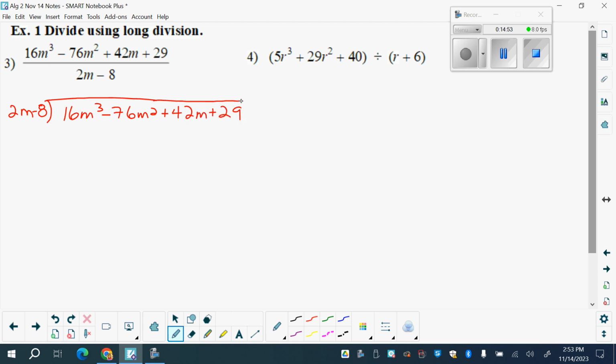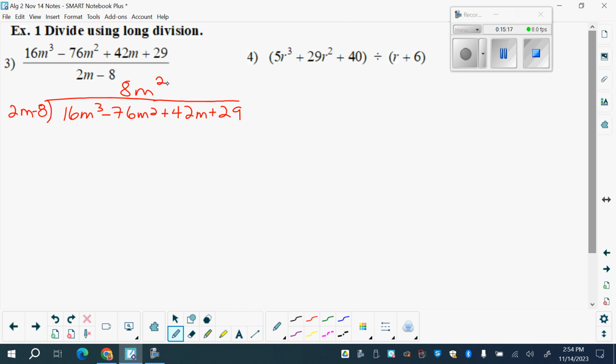Questions on that? Okay, so my first step, I want to take a look at what do I multiply 2m by to get 16m to the third? Tiana, what would I multiply 2m by to get 16m to the third? 8m squared. Is that what you said? Yeah.